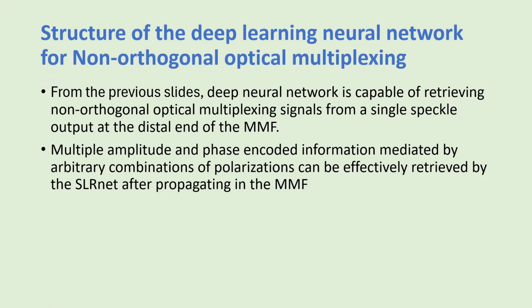Once it is demultiplexed, the neural network receives the information that has been encoded on those multiplexed light fields. Remember, we are talking about non-orthogonal optical signals. Non-orthogonal optical signals have characteristics of polarization.